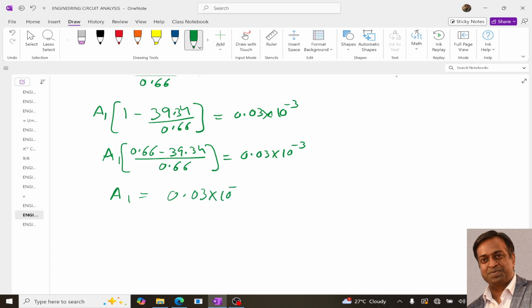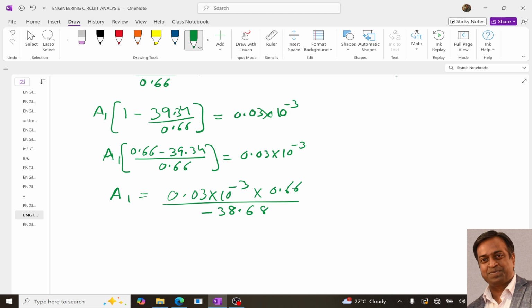A1 is 0.03 into 10 power minus 3 into 0.66 upon, let me calculate, it is 0.66 minus 39.34, so it is minus 38.68.